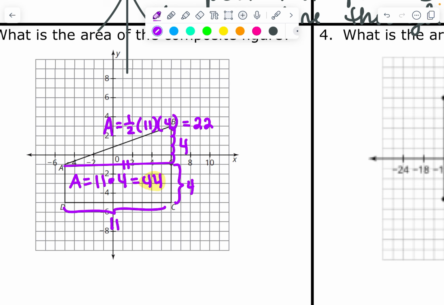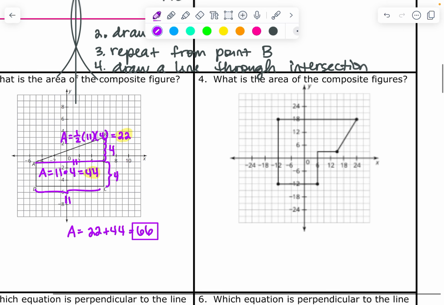Half of that is 22. Now we're going to take those two and add them together, which gives us 66. So there you go. Break it down, find the area of each section you broke it down into, and then add up all the areas. Go ahead and try number 4.